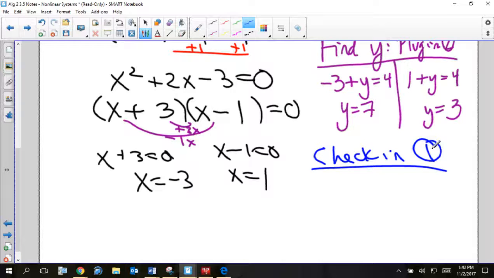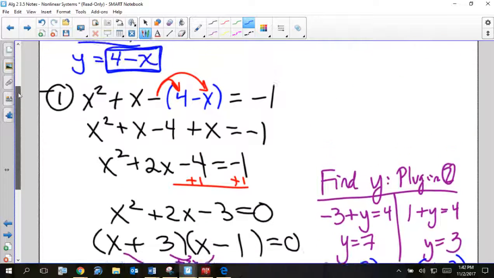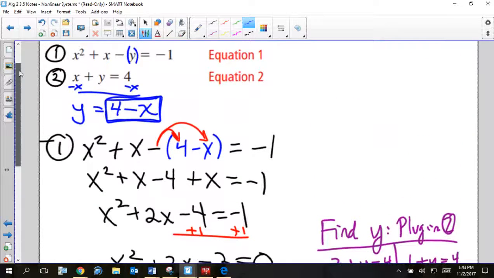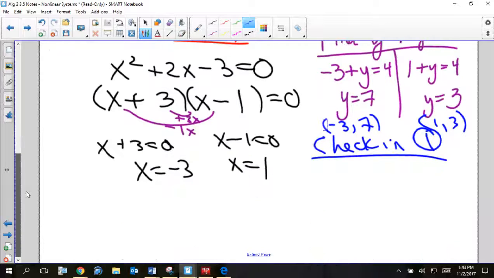So the first ordered pair is going to be negative 3, 7, and then the other ordered pair is going to be 1, 3. We're going to check each of those in equation 1, which I don't remember. X squared plus x minus y equals negative 1.